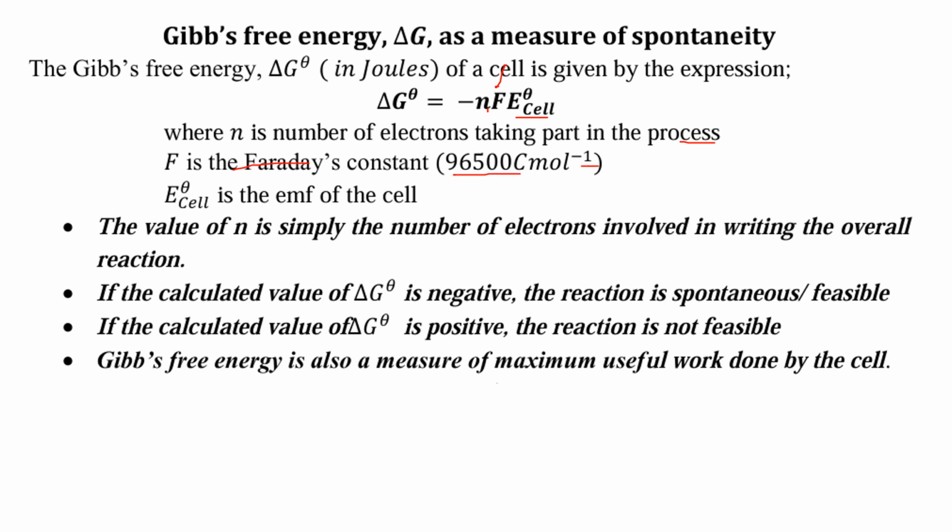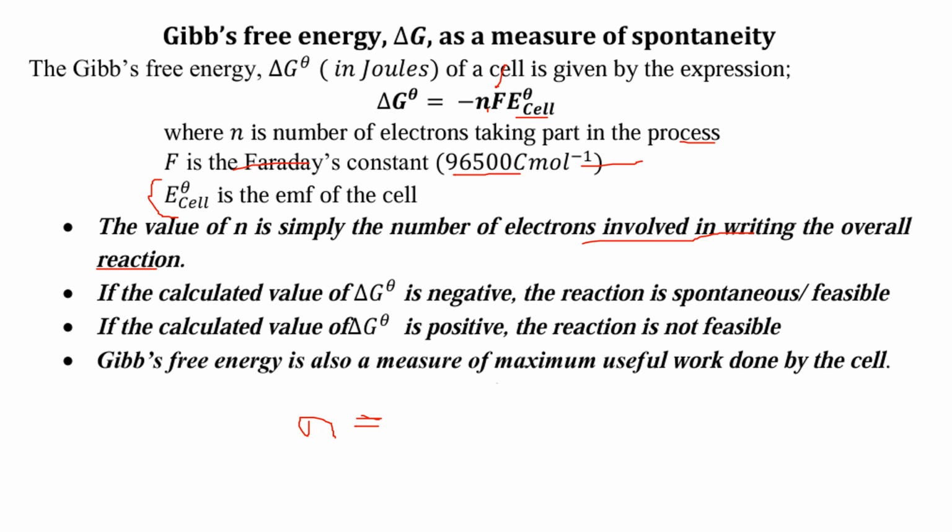We looked at this in the first video. Then the EMF of the cell is what you have just calculated. The value of n is simply the number of electrons involved in writing the overall reaction. Notice that here, n refers to the highest number of electrons that you get.